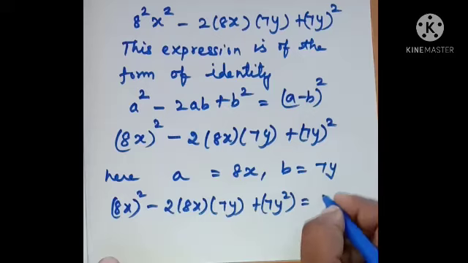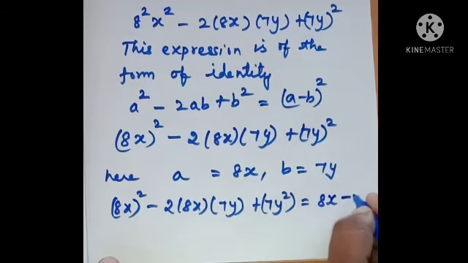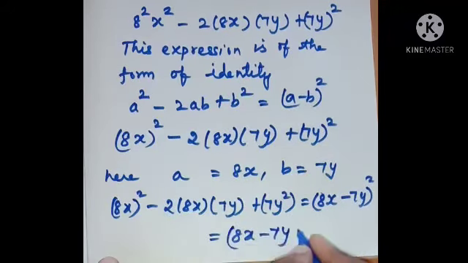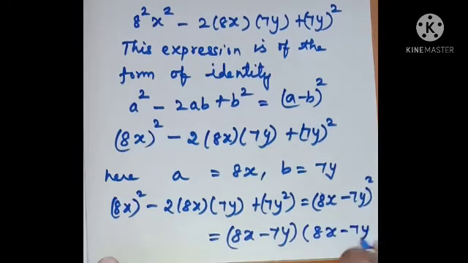In place of a we can write 8x minus b is 7y the whole square. So again we can write it as 8x minus 7y into 8x minus 7y, which is the required factorization of the given expression 64x square minus 112xy plus 49y square.